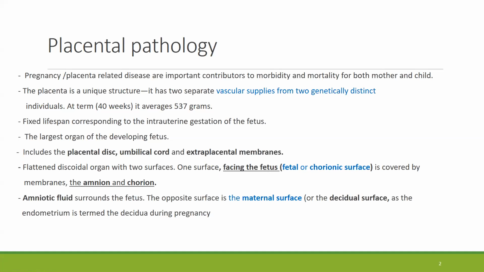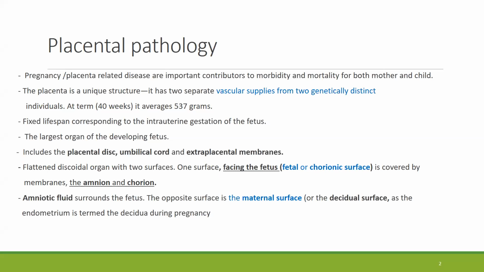From one side facing the fetus, we call it the chorionic surface, and from the other side facing the uterus, we call it the decidual surface. So the placenta has two faces: chorionic that faces the fetus, and decidual that faces the uterus. The amniotic fluid surrounds the fetus.